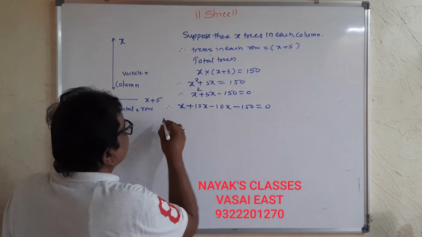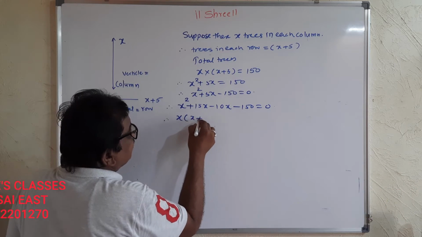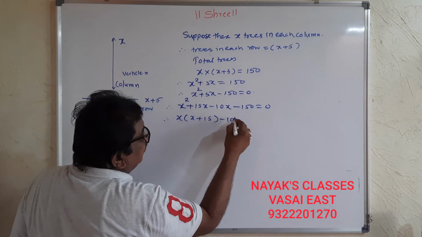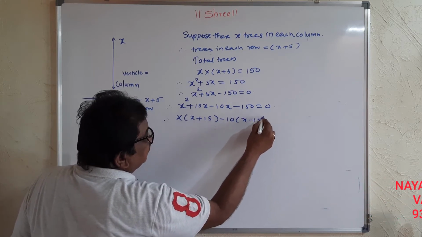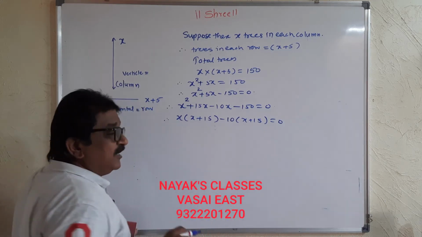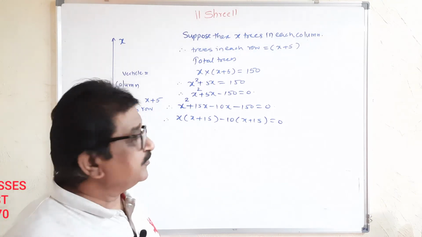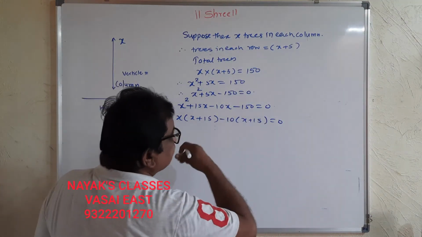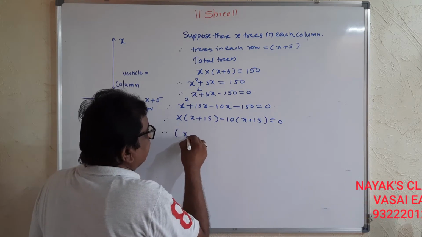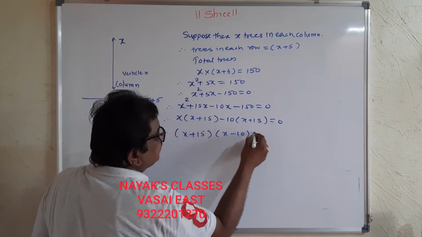Therefore, x into (x plus 15) minus 10 into (x plus 15) is equal to 0. While taking out the commons, you must be very careful. We have taken minus 10 outside, so it will be plus 15. Therefore, x plus 15 and the remaining is x minus 10 is equal to 0.